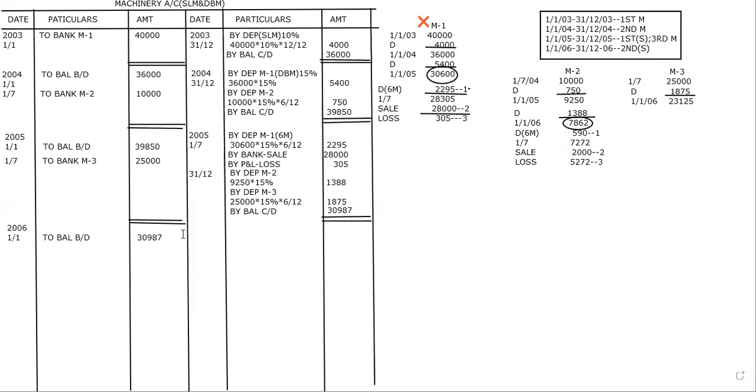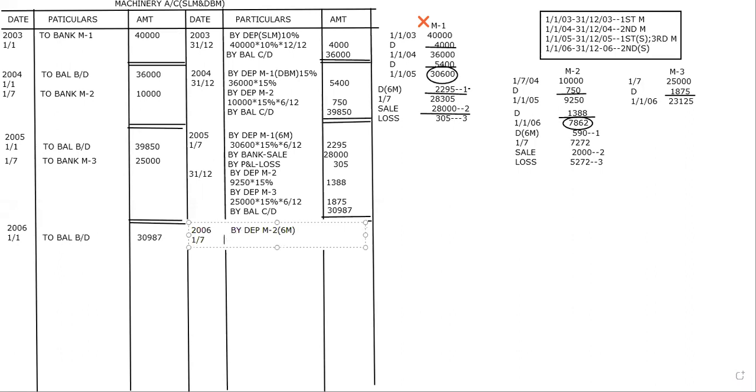Now I have to fill everything into my accounts, no? So that's what I'm doing. That is 2006, July 1st. So I'm going to write: by depreciation of machine number 2 for 6 months. So how I calculated, I'll show.